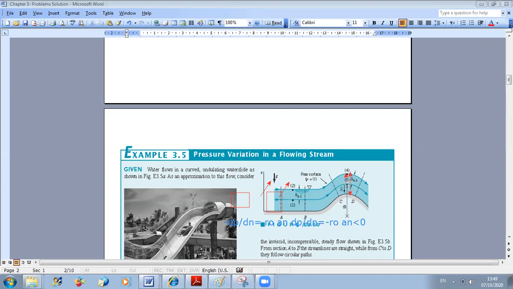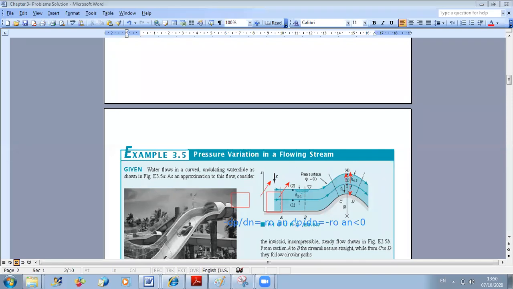Going from 3 to 4, you are moving opposite to un, so the pressure will tend to increase due to the change in curvature, but tend to decrease due to the hydrostatic effect. So you have two effects, one increasing the pressure, one decreasing it. To know if P4 is larger than P3, you need to do a calculation.